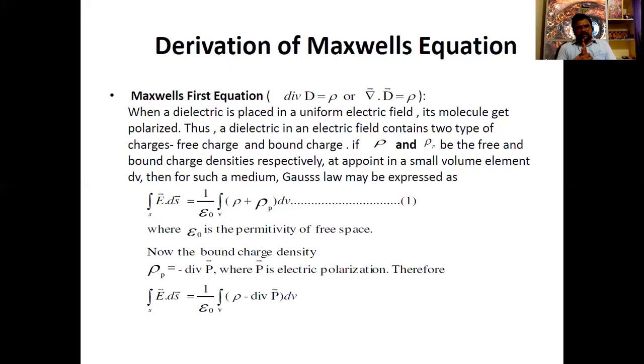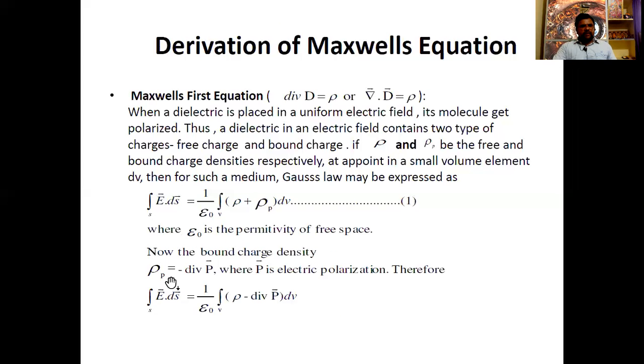That's why they act as a dipole, positive and negative charge separated by a distance. Because of that, electric dipoles will be formed, and electric polarization comes into the picture. So we have a bound charge density, rho p, equal to minus divergence of P bar, where P bar is electric polarization.